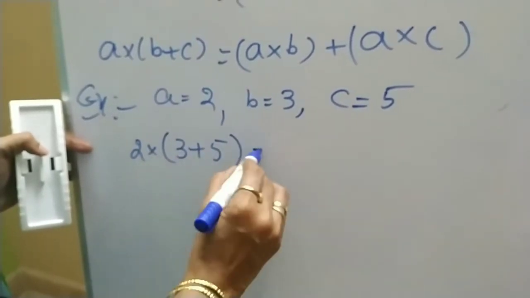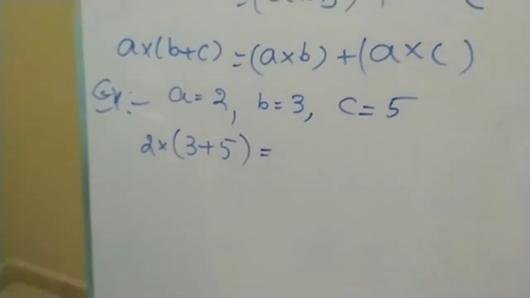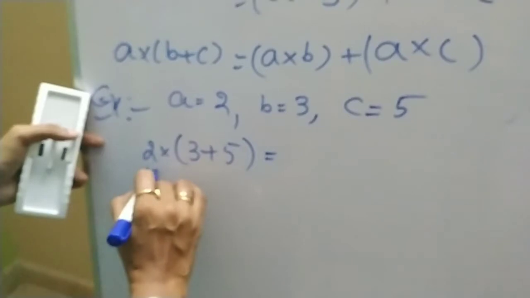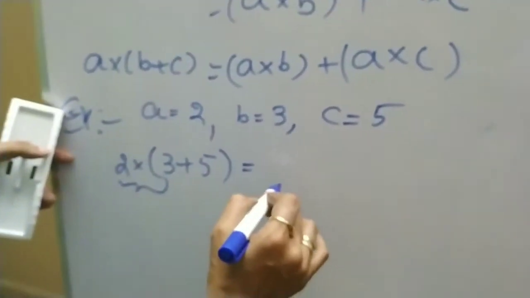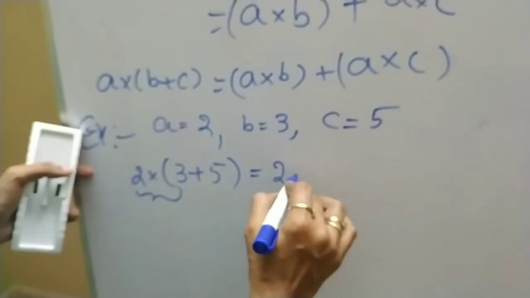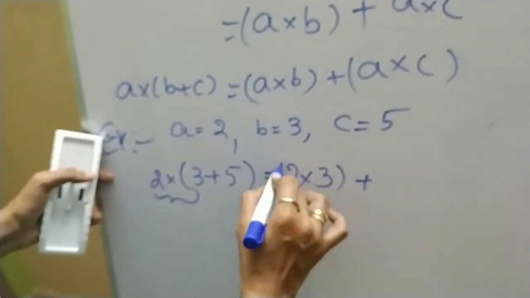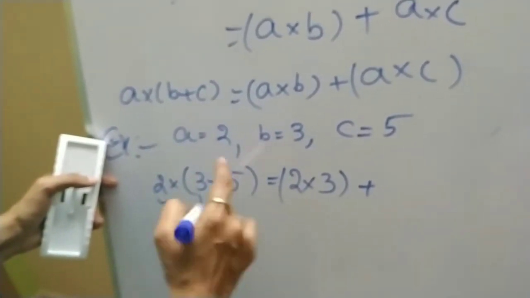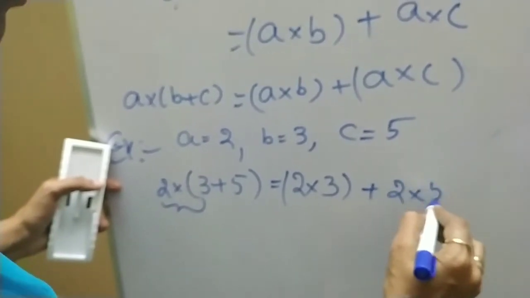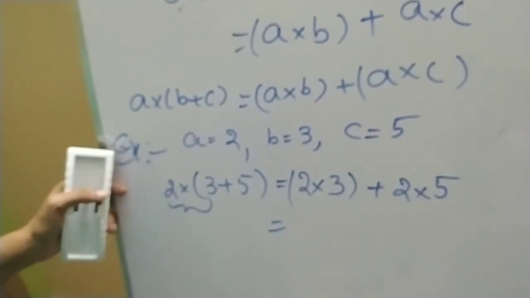What will you get here according to our distributive law? I am distributing this 2 between 3 plus 5. See, 2 into 3, this plus I am carrying. Next again 2 with 5. 2 into 5.